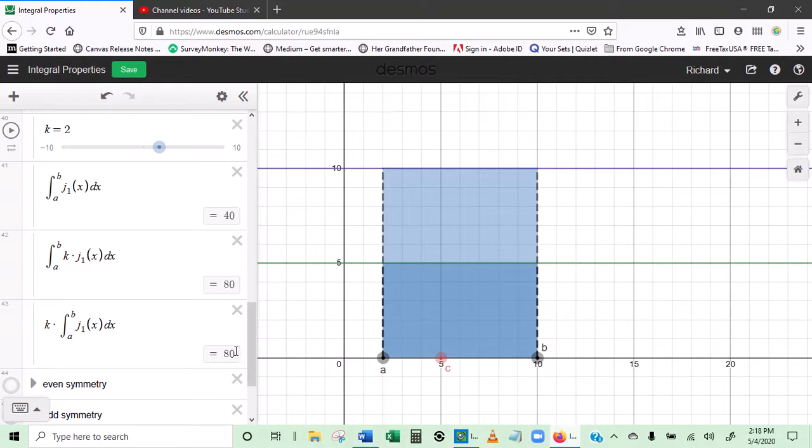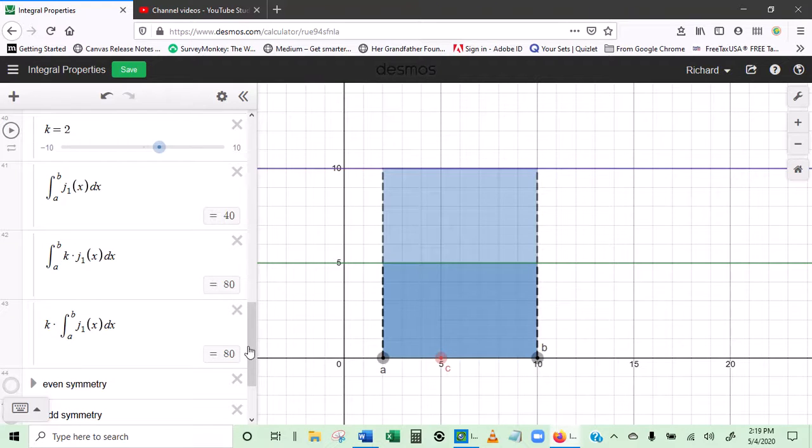Notice that it comes out to be the same. So this is another convenient property: if we've got a coefficient inside of the integral, we can move it outside of the integral, and in many cases, you might see later on, it'll make working the integral easier if we can simplify it that way. So that's another property there.